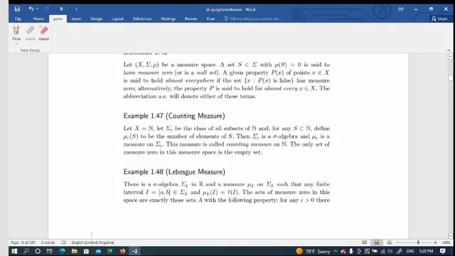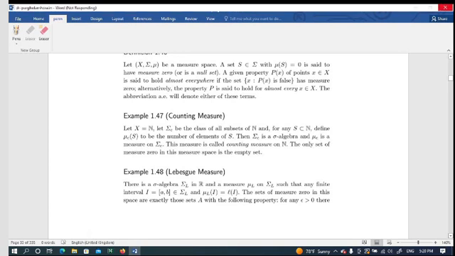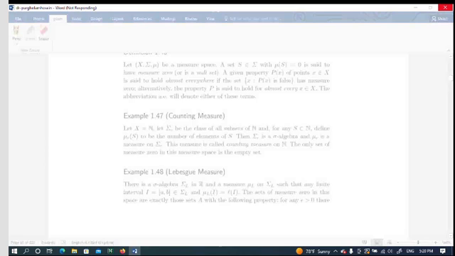And another thing here is about measure spaces that you have studied in real analysis 1. So we pass from this concept too.